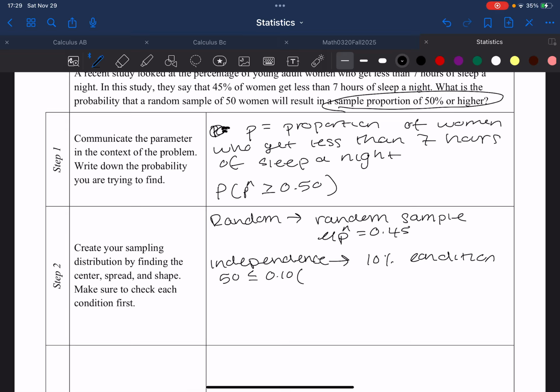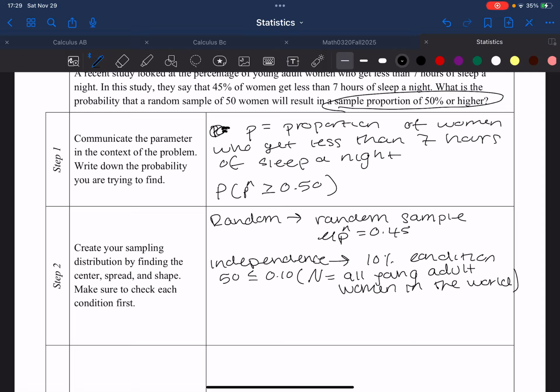Since we're not given the population size, we're going to list what the population is in words. So we're going to say N is equal to all young adult women in the world. So that's assumed to be a very, very large number. So 50 is definitely going to be less than 10% of that.